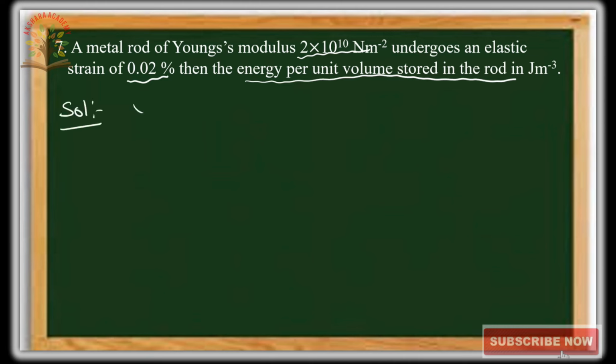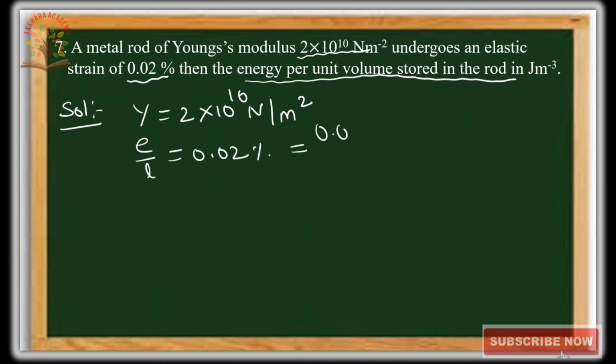So given Y is equal to 2 into 10 to the power of 10 Newton per meter square. Elastic strain they given, e by L is equal to 0.02%. This can be written as 0.02 by 100. This can be written as 2 into 10 to the power of -4.